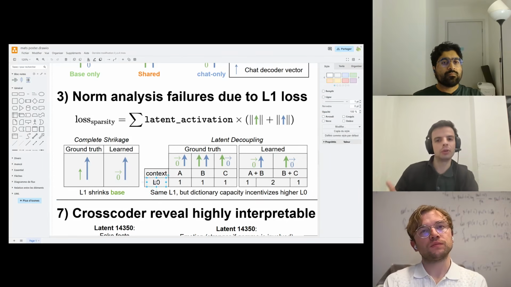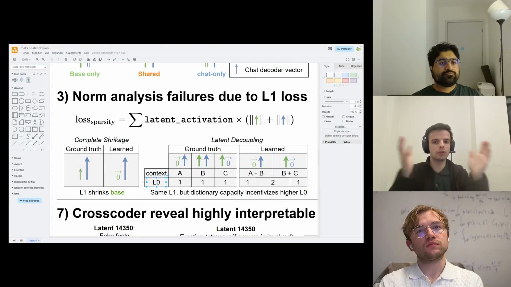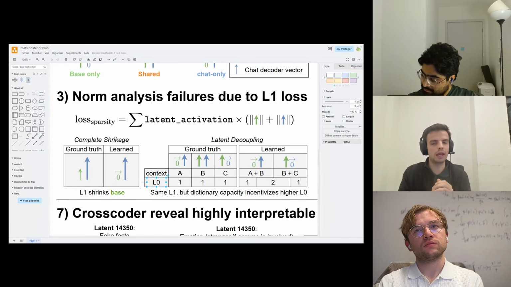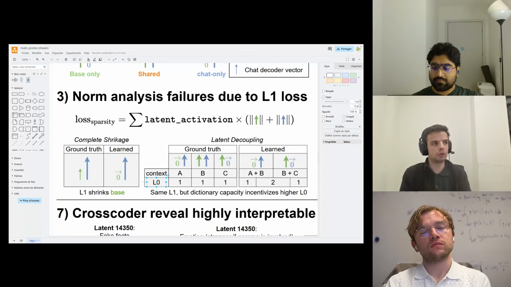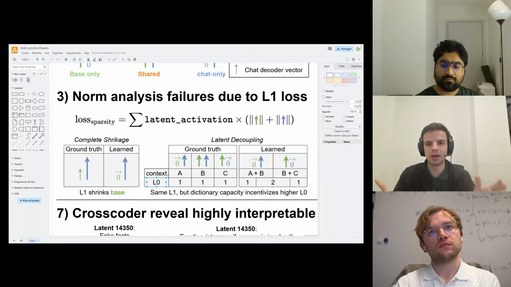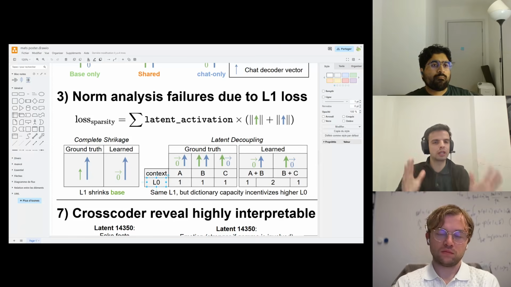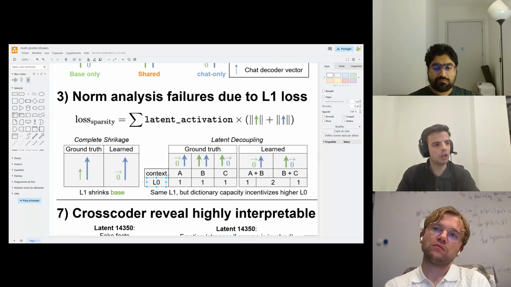What is the L0? The L0 is the number of concepts activated in the crosscoder. Basically the L0 is what we want to minimize. We want that for each activation, our crosscoder activates as few concepts as possible, such that we are sure the concepts are meaningful.